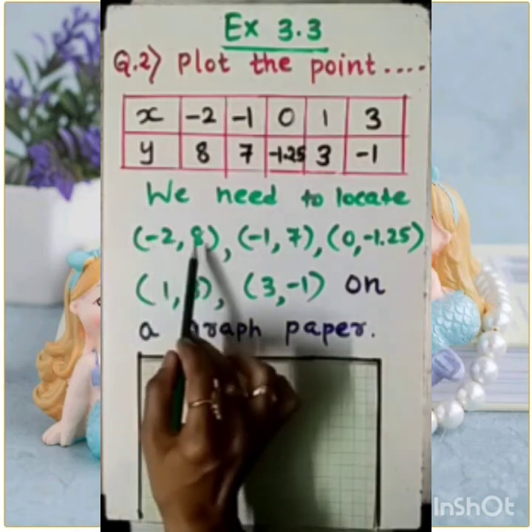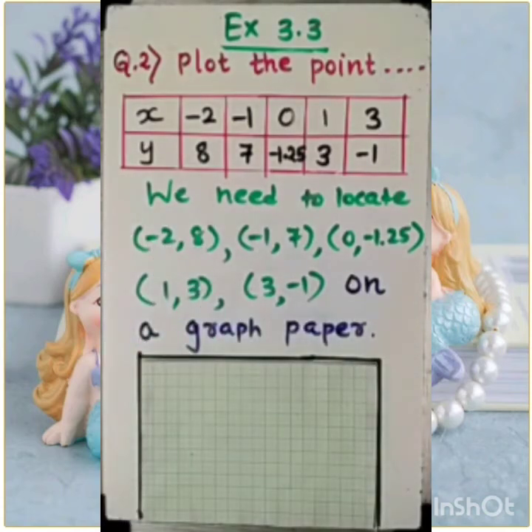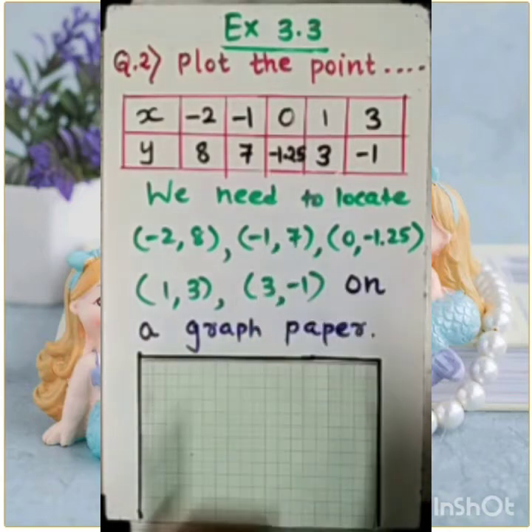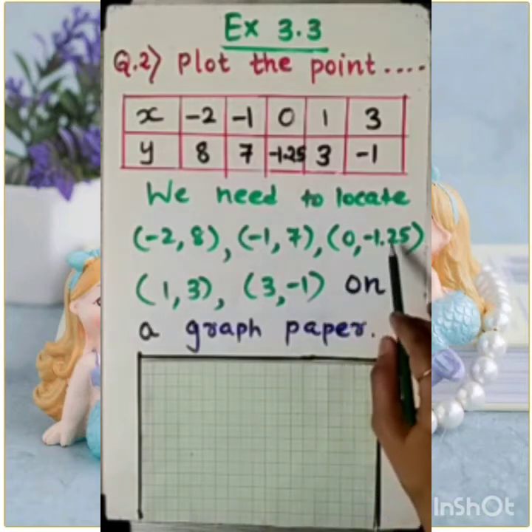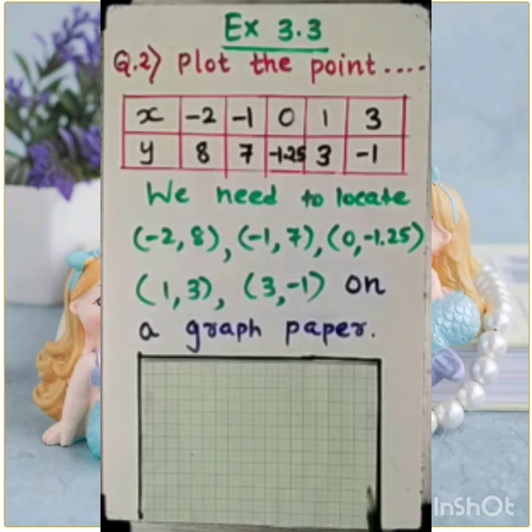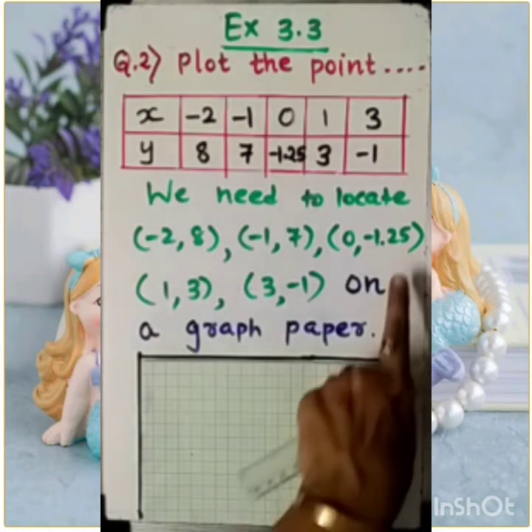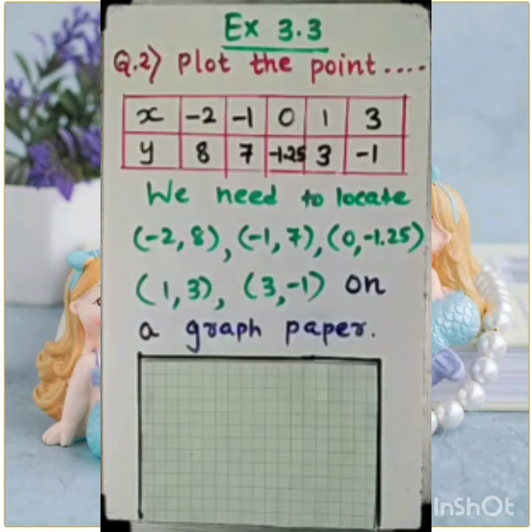Now just observe, -2, 8 is minus, plus, so it will lie in the second quadrant. -1, 7 is again in the second quadrant. 0, -1.25 will lie on the axis, on the y-axis, because 0 is the x coordinate. 1, 3 will lie in the first quadrant as both are positive, and of course 3, -1 will lie in the fourth quadrant.